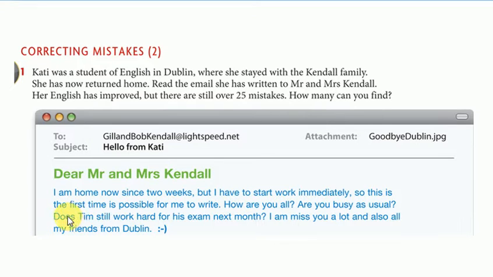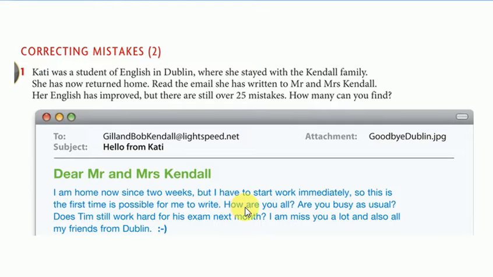So this is the first time that it is the first time that it has been possible. So the mistake here is the first time is possible for me is wrong. The correct would be this is the first time that it's been possible for me to write.